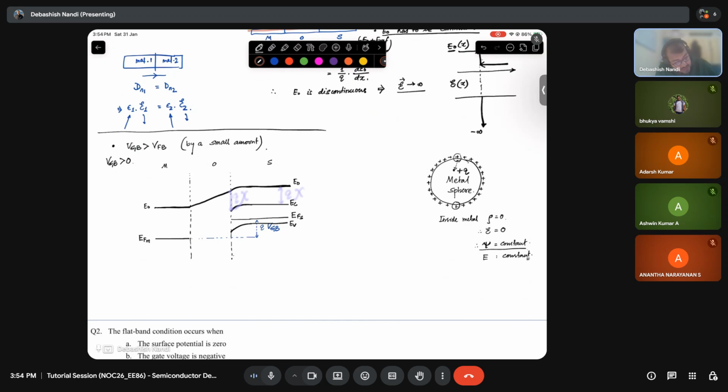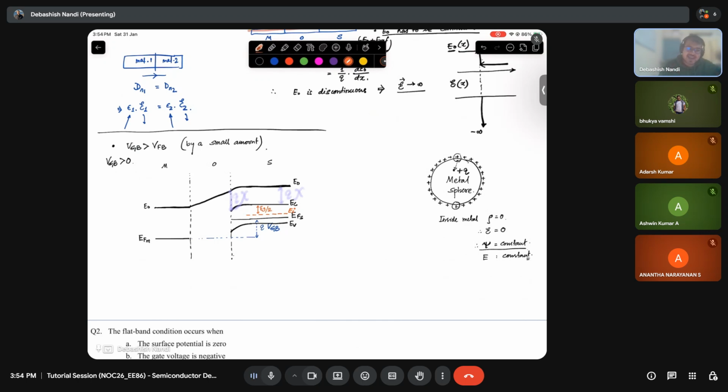And let's say this EF will remain constant because no current is flowing. Fine. So now I'll introduce another line. So that is my EI, or we call it the intrinsic Fermi level, right? This gap is Eg by 2.